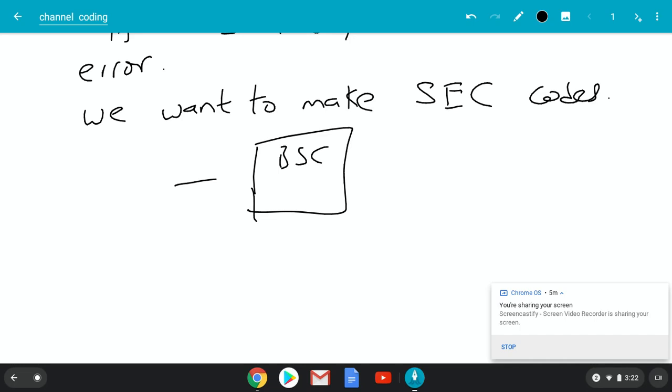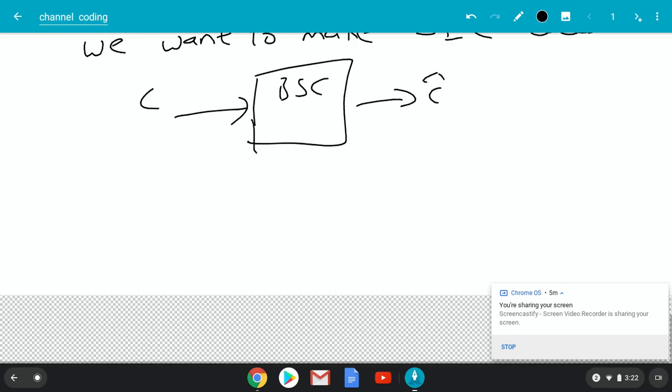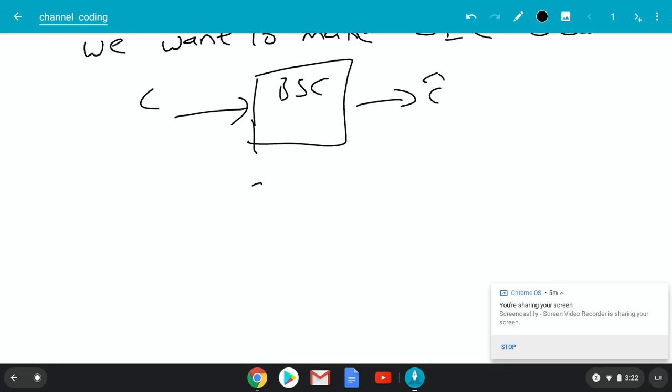Okay, so in comes C, out comes C hat. Now the binary symmetric channel is basically flipping bits randomly, right? So that means you take your original code bits and XOR them, that is, in Z2 you add some error bits, to get C hat.